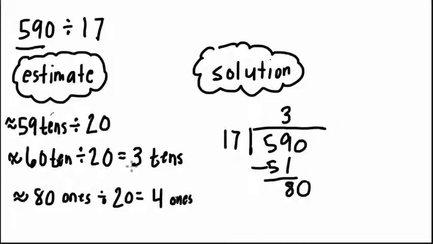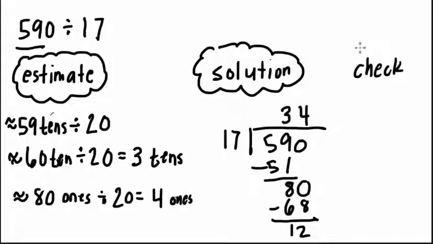So again, I'm going to put 4 in the ones place. See where it is? Ones place. What is 17 times 4? 17 times 4 is 68, with a remainder of 12. Is it bigger than 17? No, we're good.